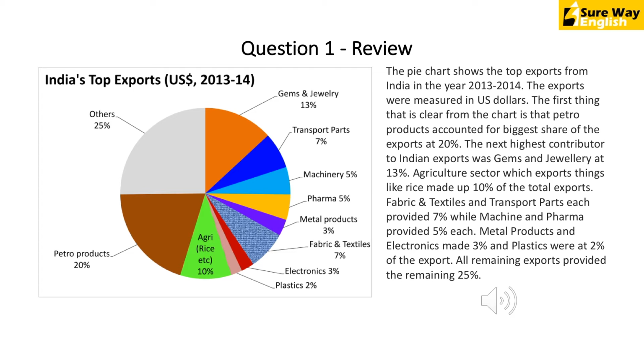So, for example, instead of saying plastics 2%, electronics 3%, metal products 3%, machinery, pharma 5%, you can club them together. And even if you miss one of them, the smaller ones, it wouldn't make that much difference compared to if you miss something major such as agriculture or petro products. So please keep that in mind and you'll do fine.